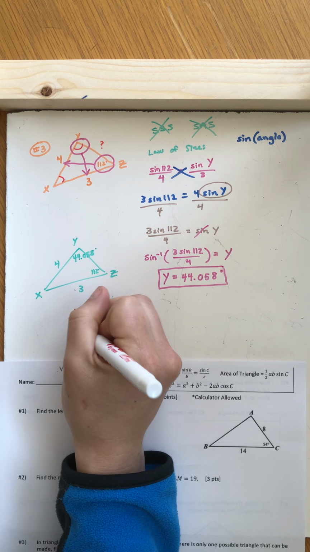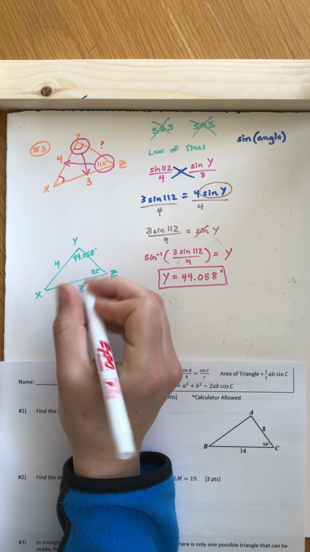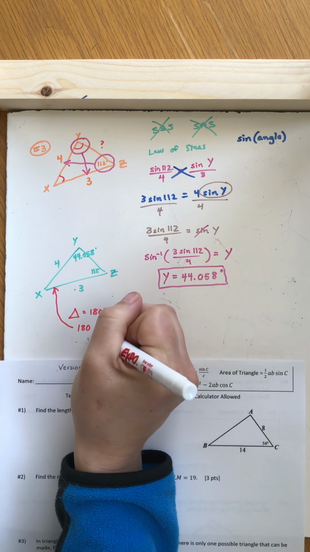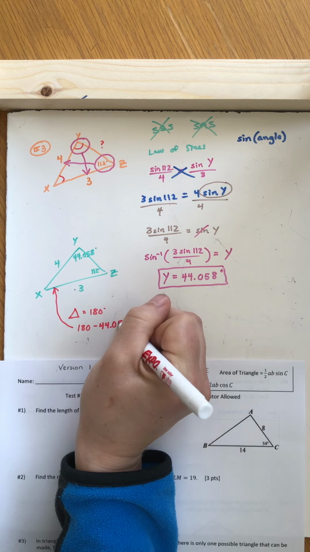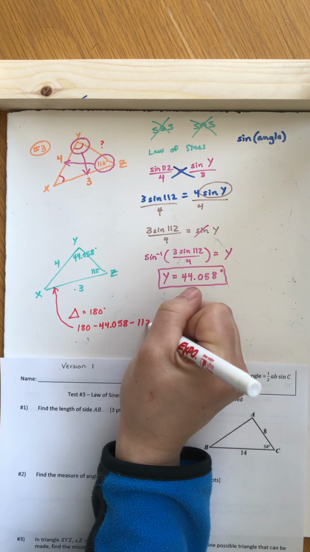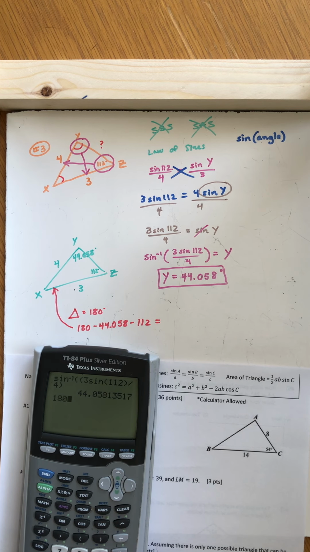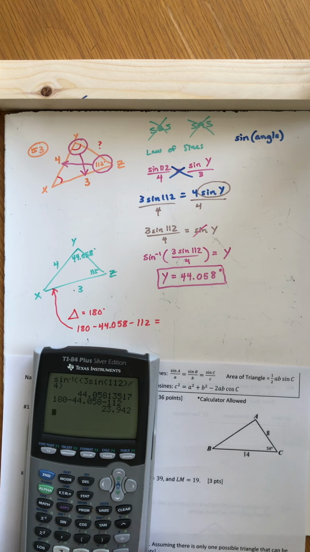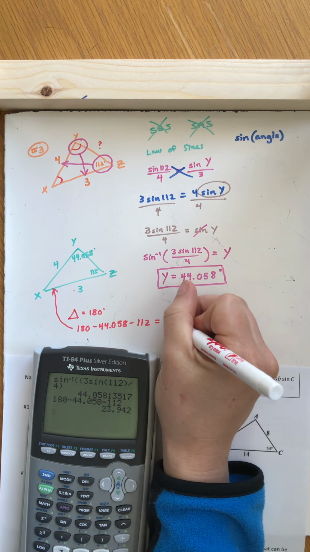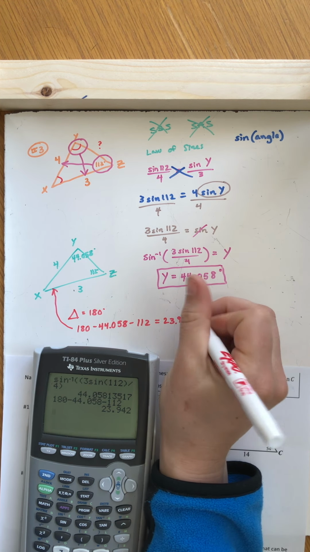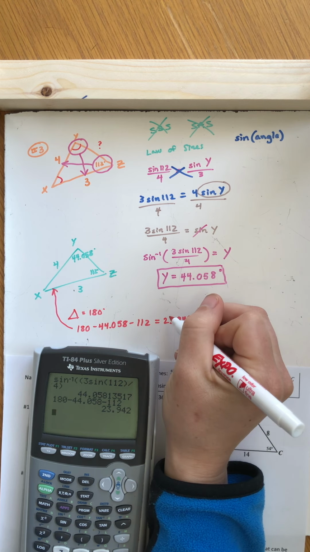All the angles add up to 180 degrees, so I'm going to do 180 minus 44.058 minus 112, and I have 23.942 degrees. That is for angle X.